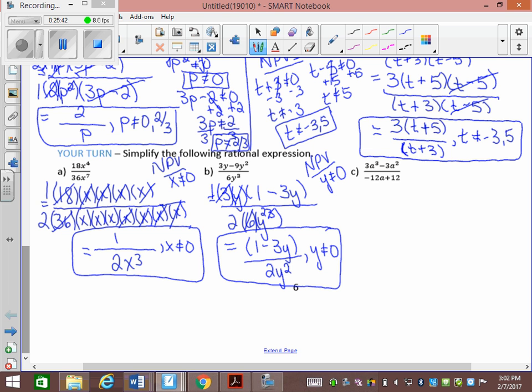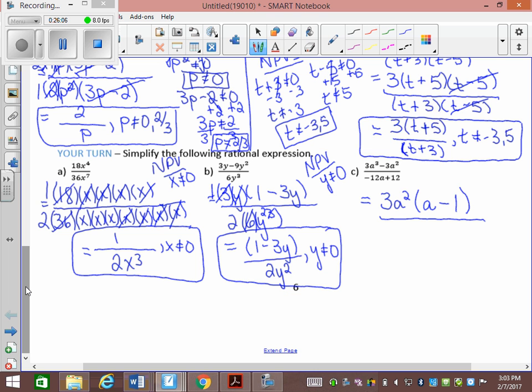And then c, I can take out a 3a squared from the numerator, from the top. When I take a 3a squared out of a 3a cubed, I'm left with an a. Minus 3a squared divided by 3a squared is 1. Now, if I just take a 12 out of the bottom, I'm left with negative a plus 1.